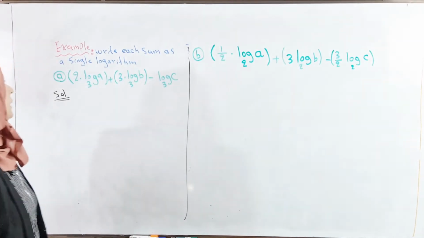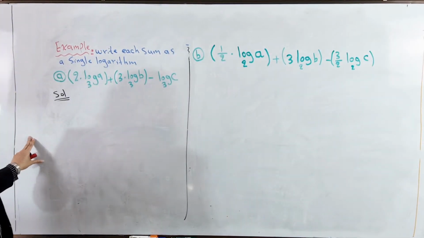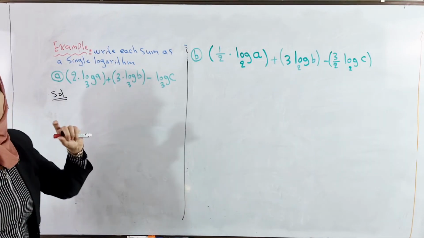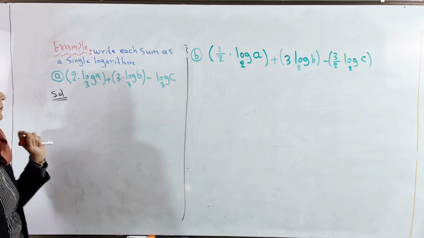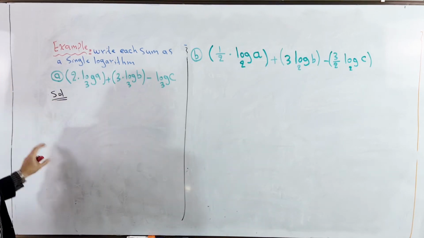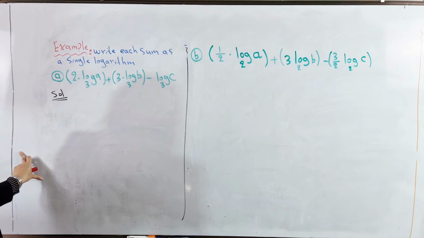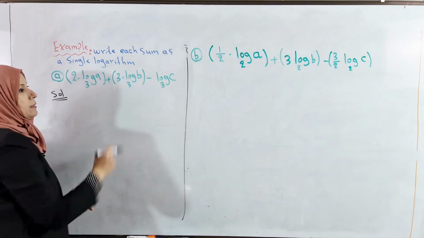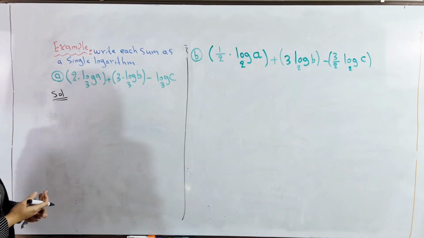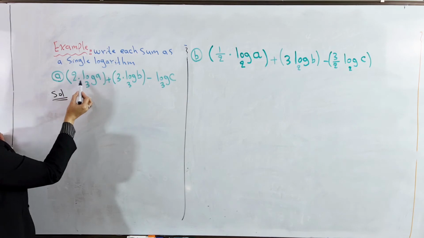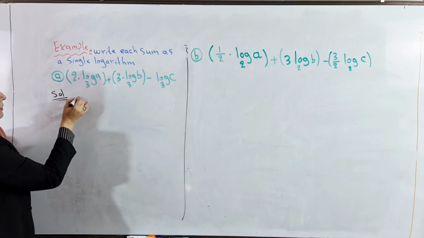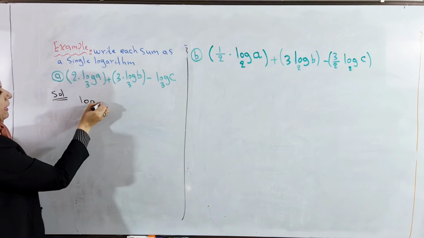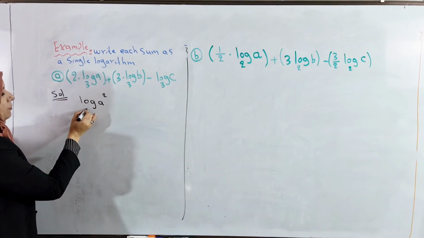Another example: write each sum as a single logarithm. I want to write this sum of logarithms as only one logarithm. Branch A: 2 logarithm a for base 3 plus 3 logarithm b for base 3 minus logarithm c for base 3. We can solve it: 2 logarithm a will be logarithm a power 2 for base 3.